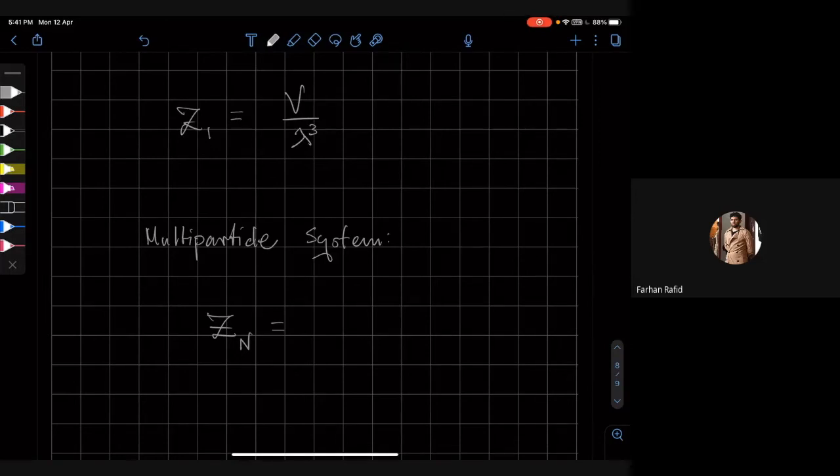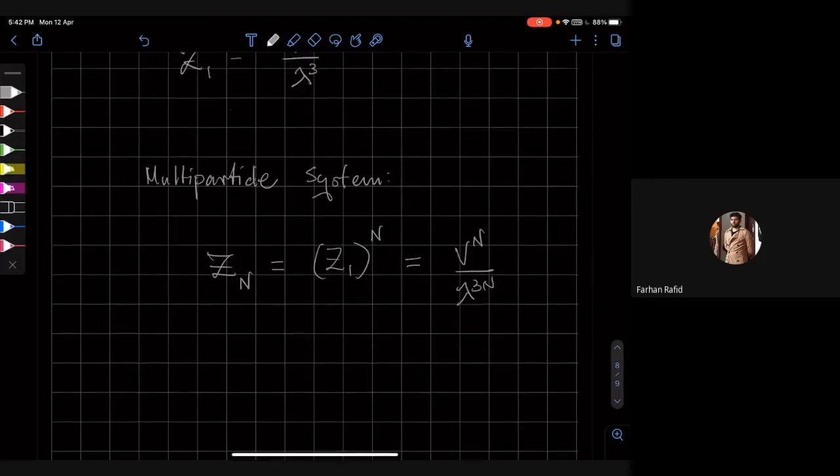So the partition function for the n particle system would be the partition function for one particle raised to the power n. And then we should get V to the power n divided by lambda to the 3n. Okay. Now here we are assuming, for the time being, that the particles are distinguishable.